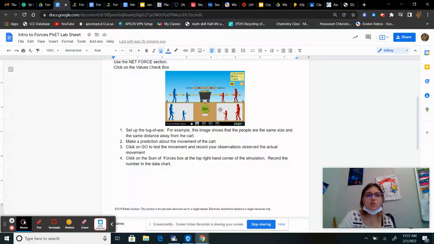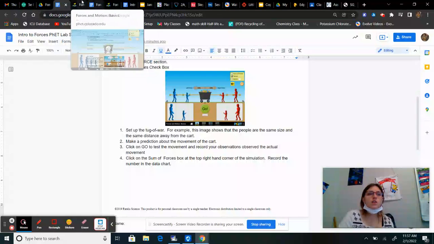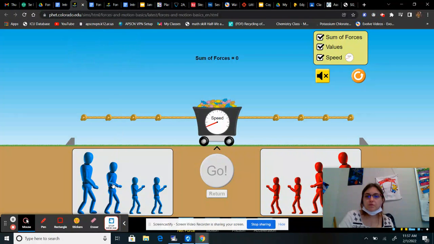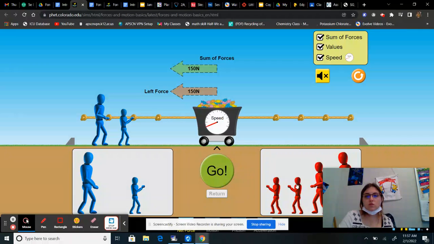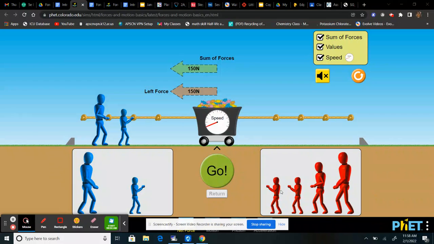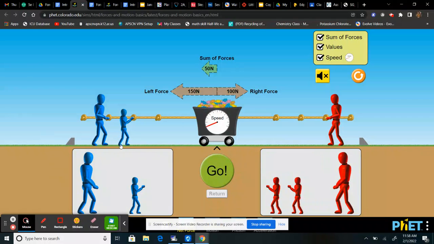We see a bigger person and a smaller person in blue, and a bigger person and a smaller person in red. So right here, here, we have this person here and this person here.